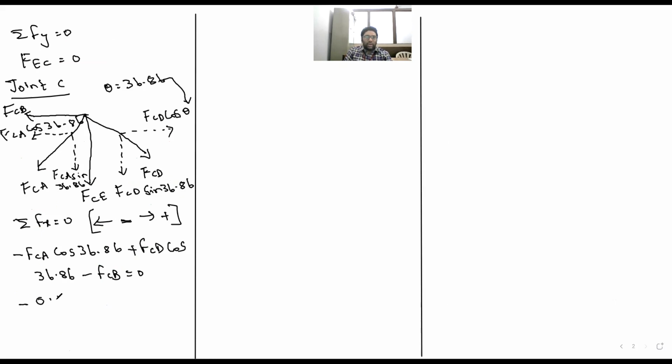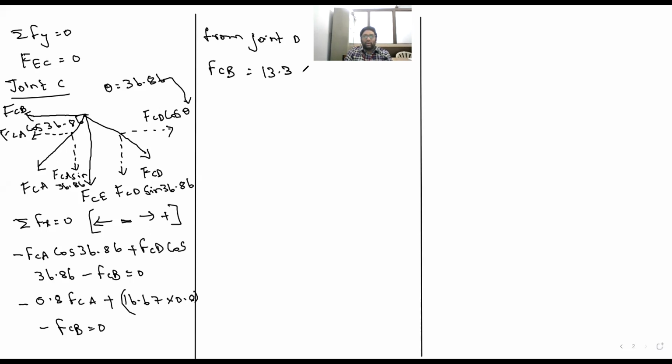So minus 0.8 FCA plus 16.67 into 0.8 minus FCB is equal to 0. So from joint D, FCD is equal to 16.67 kilonewton. That's what we have substituted. So 16.67 into 0.8, 13.34. So FCB is equal to 13.34 minus 0.8 FCA.